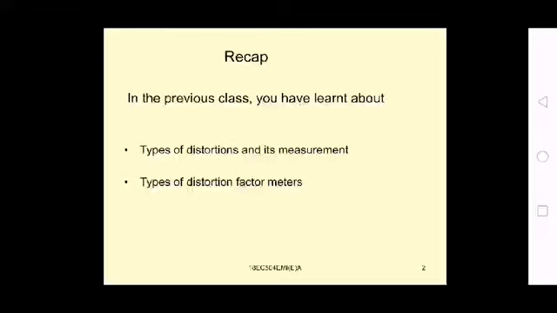Whatever the input is, if the output is not an exact replica of the input, then harmonics are present in the output. These unwanted signals present in the output are what we call distortion.